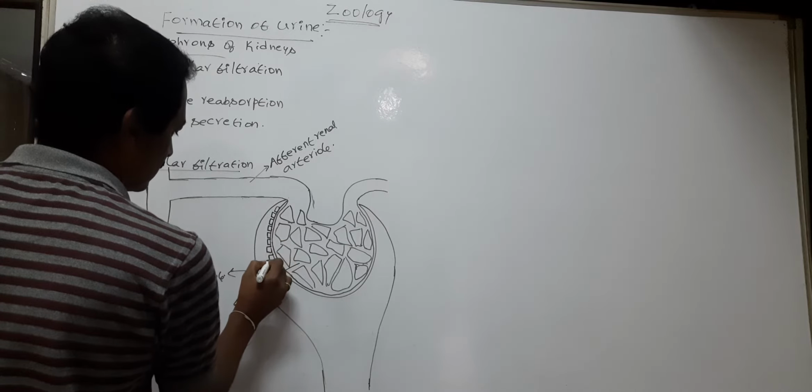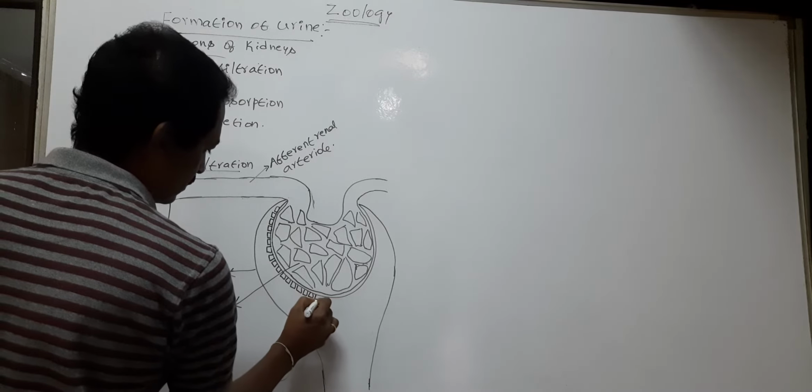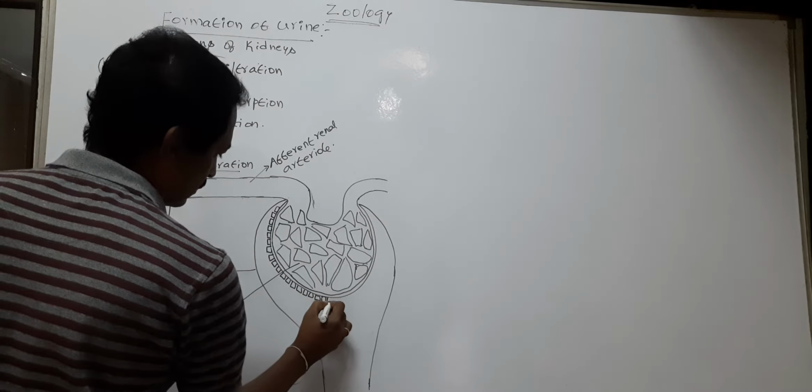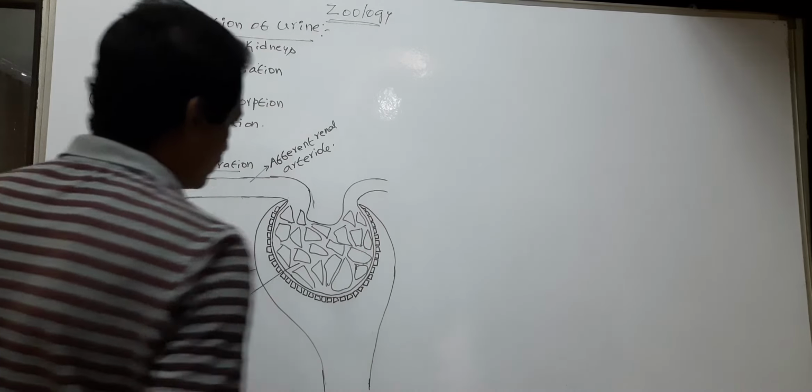So these are cuboidal cells. This is the outer layer, this is the inner layer of Bowman's capsule.